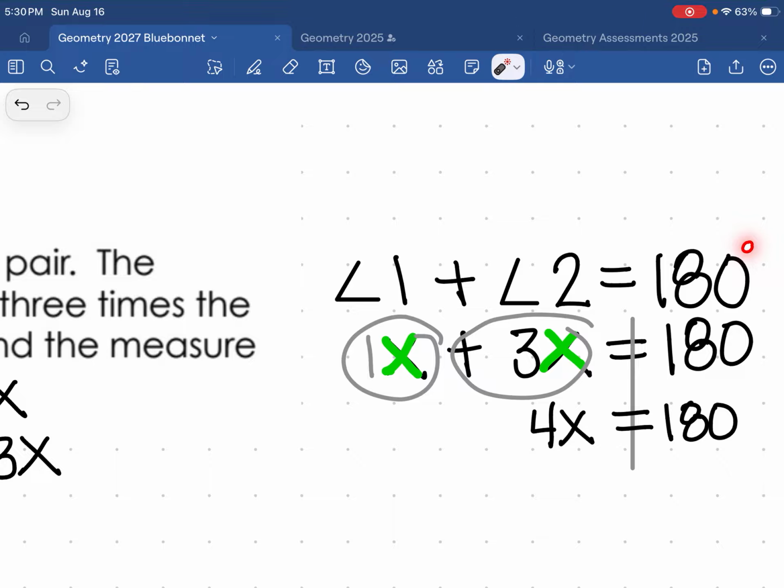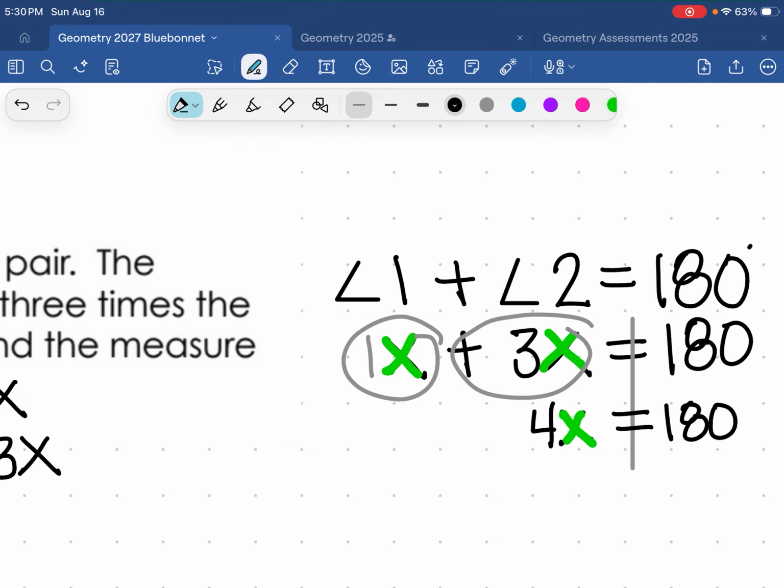It says angle 1 and angle 2 add to 180 degrees. But here as we do the math, we're going to drop the degree symbol because it's not doing anything to our number 180. Our x is still by itself. There's no plus or minus to get rid of first, so we're simply going to divide by 4, giving us an answer of x equals 45.